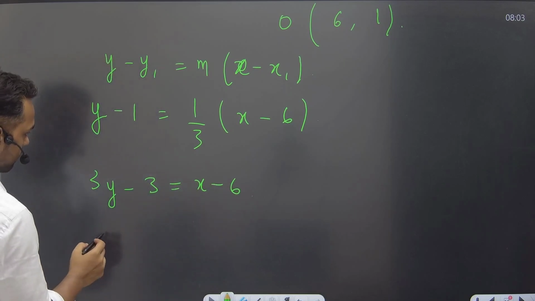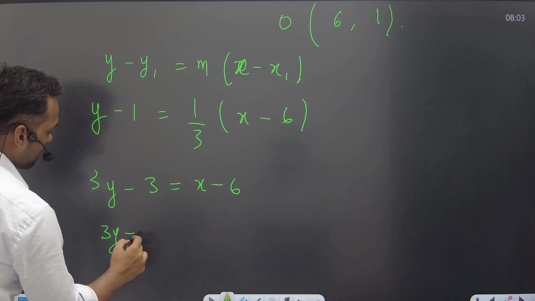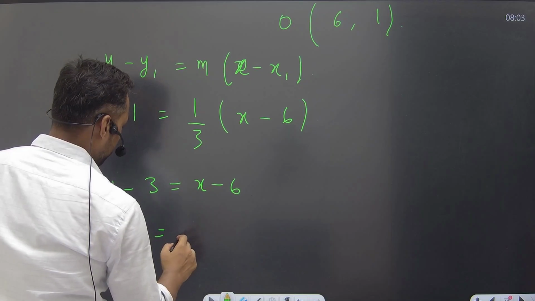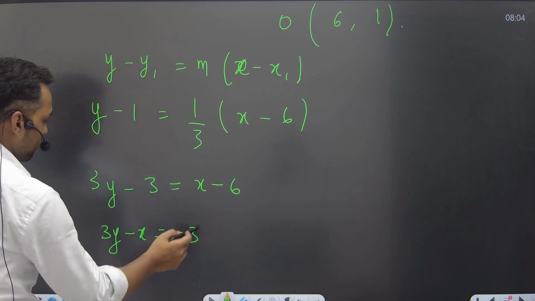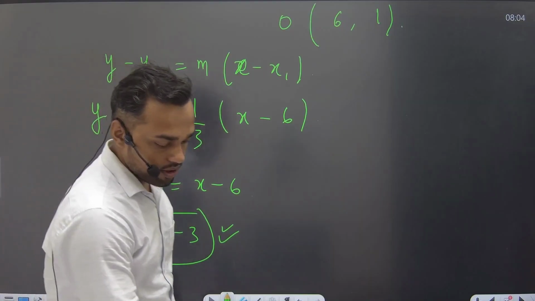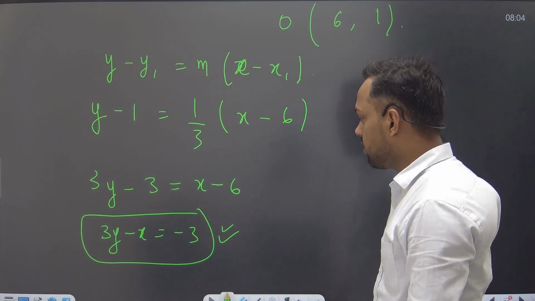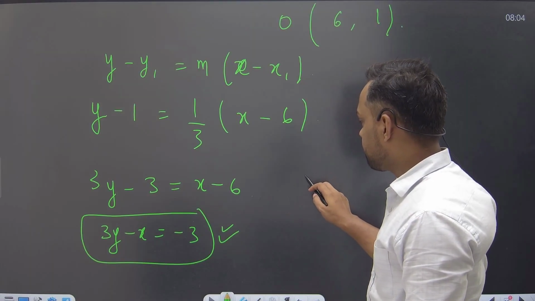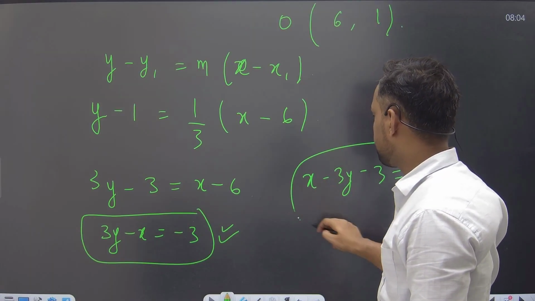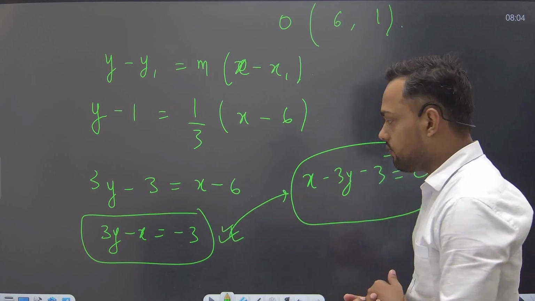So 3y minus x is equal to minus 6 plus 3, that will be equal to minus 3. So this is the solution, student. The equation of this line will be 3y minus x equals negative 3. It could also be written as x minus 3y minus 3 equals 0. We have transposed the values, then we get the solution.